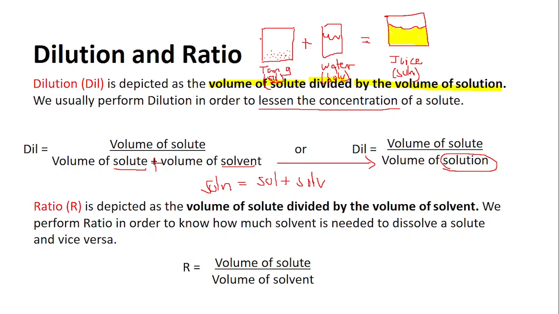So there should be a specific level of water that you need to add to the juice to achieve the perfect taste. So, when we add water to the Tang, you are actually lessening the concentration of the solute. You dissolve it to reduce the concentration of Tang, to achieve the perfect taste of juice. That is what dilution is used for.